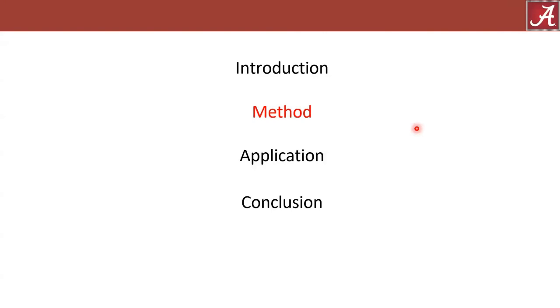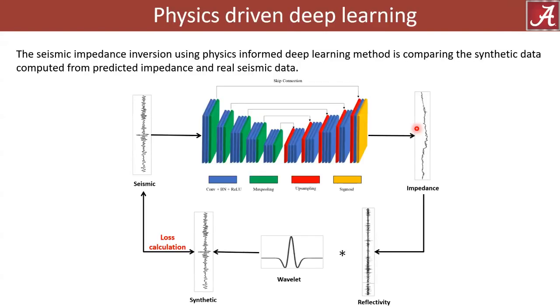Second part, method. This picture shows the workflow of the physics-driven method. First, we input seismic data to our deep learning model. Here we use a UNet model, and we can see the encoder and decoder network. Then we get the predicted impedance.